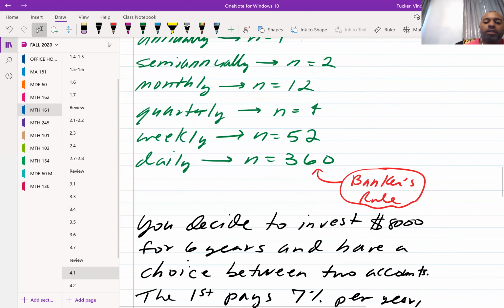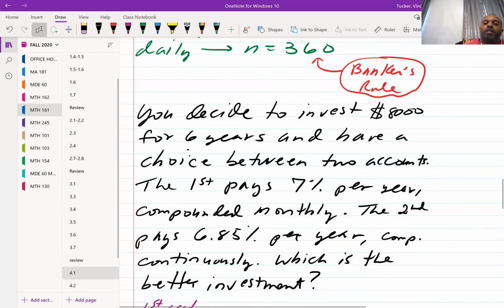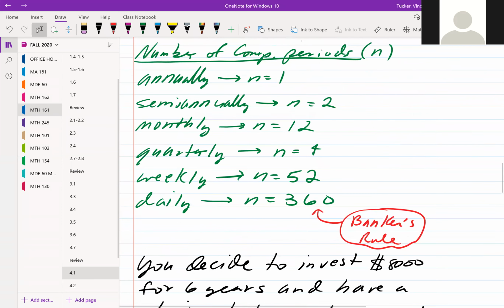All right, so let's put these formulas to work. Can you go back? I was copying that. Oh, all right.